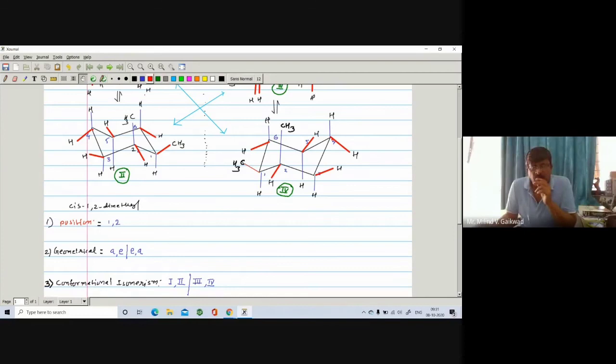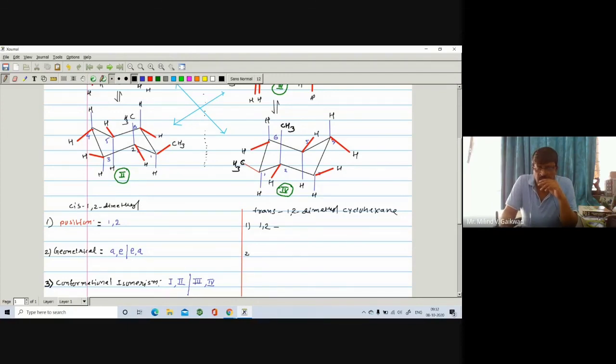And if you want to write trans, here trans 1,2 dimethyl cyclohexane. What is the position in this case? Of course, it is a 1 and 2.